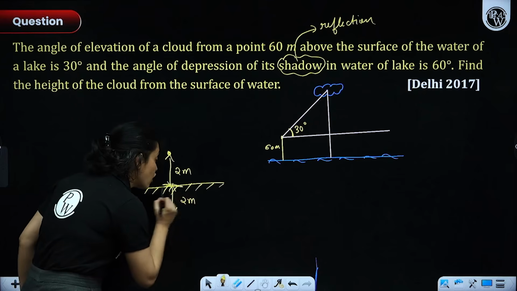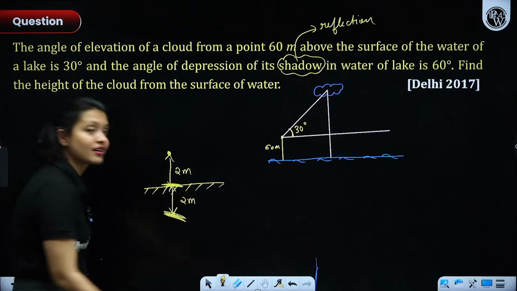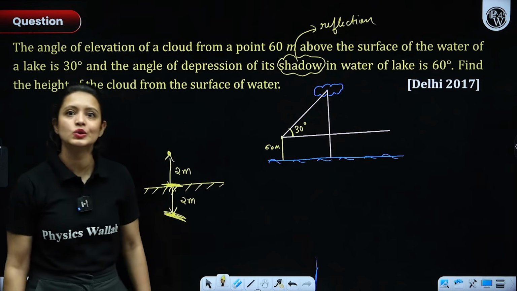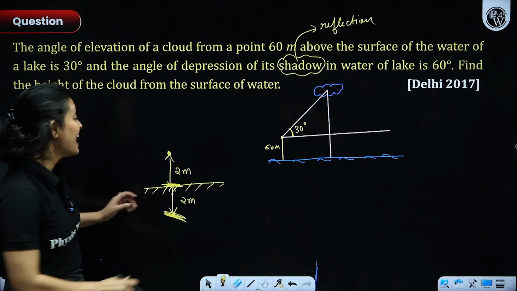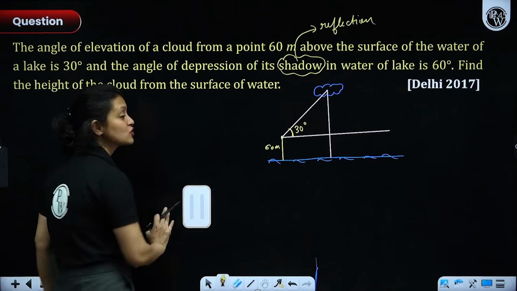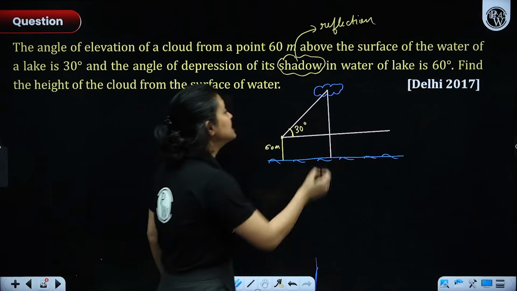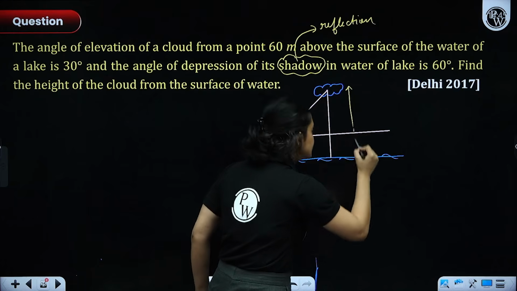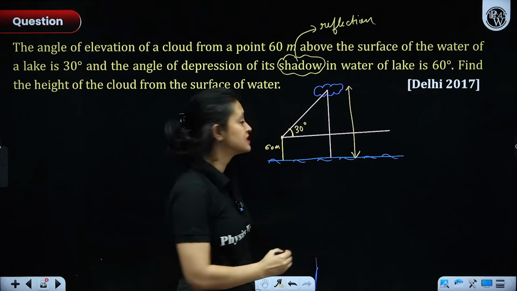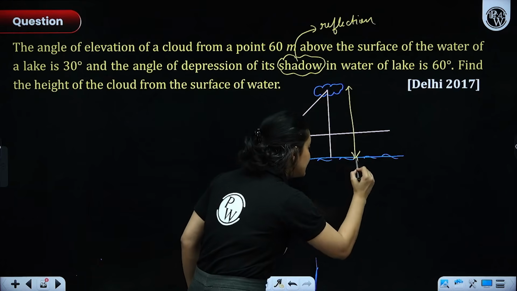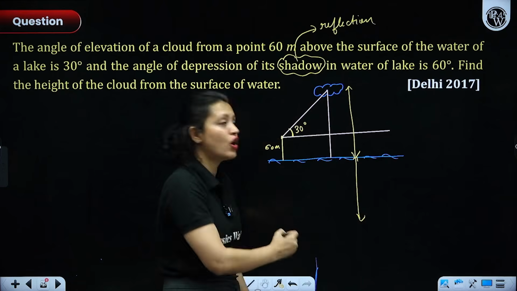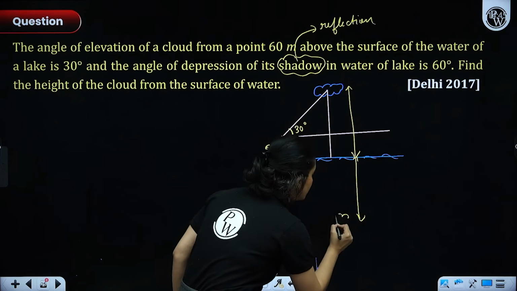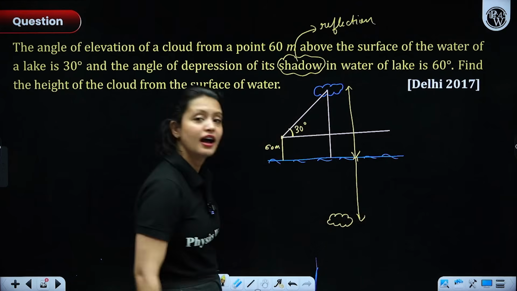Okay? Reflection is not formed here, reflection is formed here. Understood? So please use physics here, and if you don't, then you will get this question wrong for sure. So that means if this here is the cloud, guys, so whatever the distance of the cloud is from the surface, then at that same distance inside the water, the cloud's reflection will be formed.